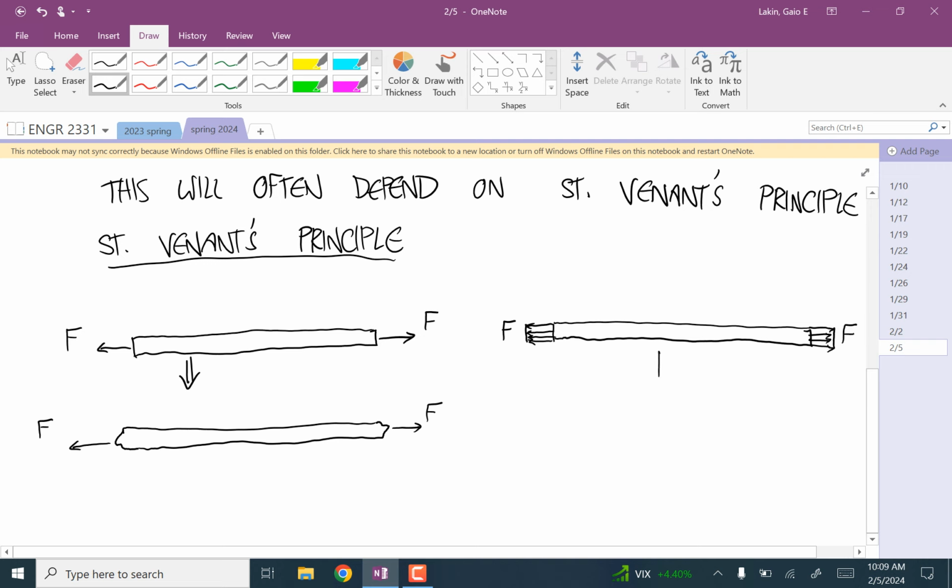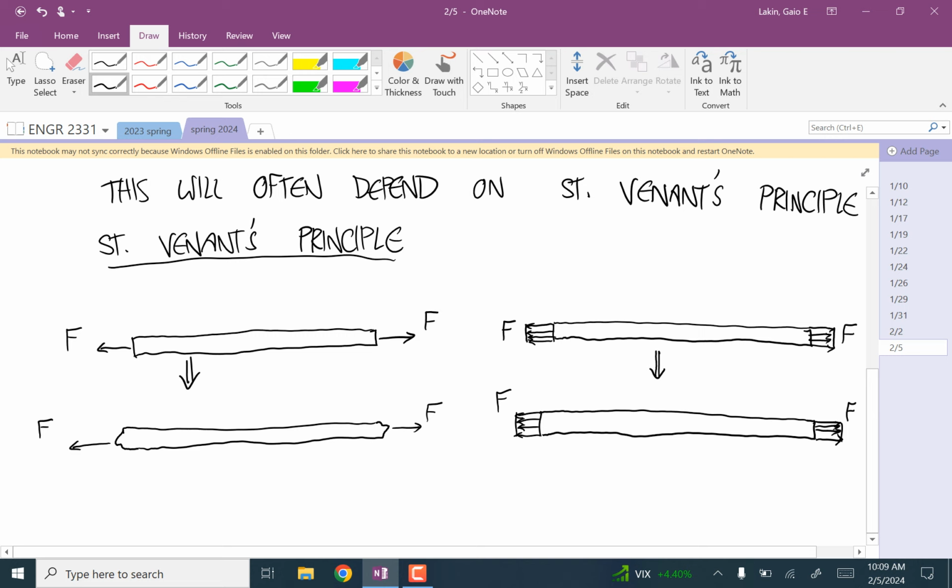Well, what's this deformation going to do? This is actually just going to stretch perfectly uniformly at every point. There's not going to be any weird stress concentrations near the point where the force is applied.